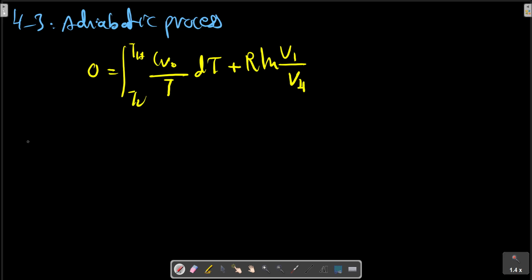Consequently, we can obtain this relation for V3/V2 = V4/V1, or we can write V3/V4.